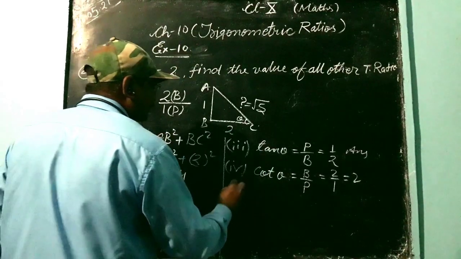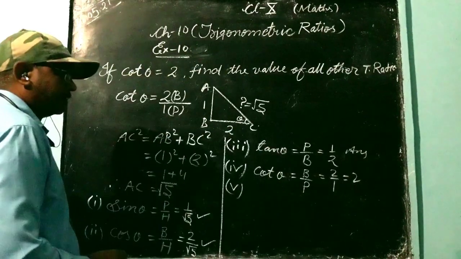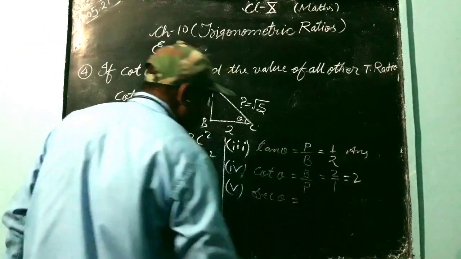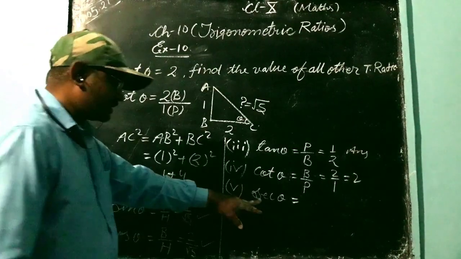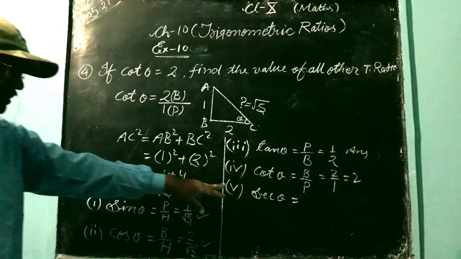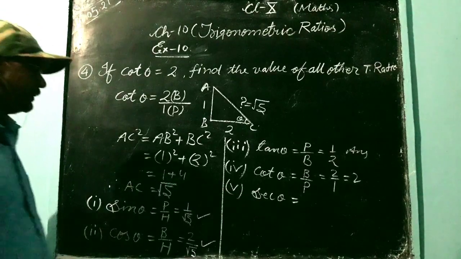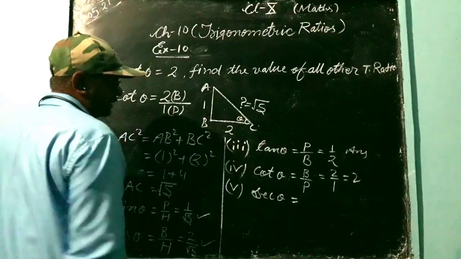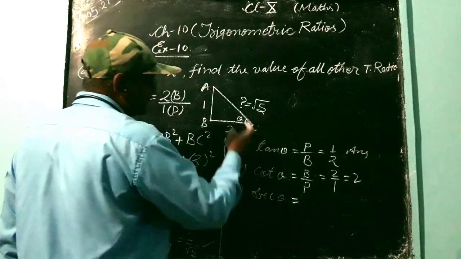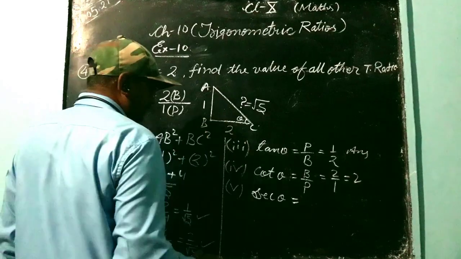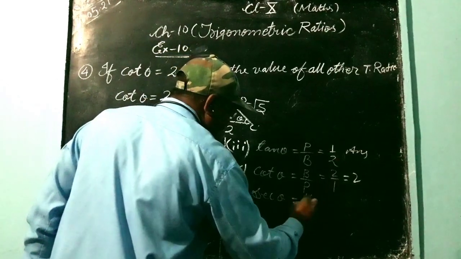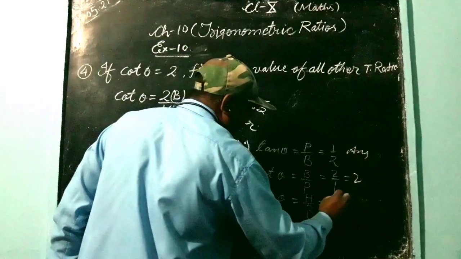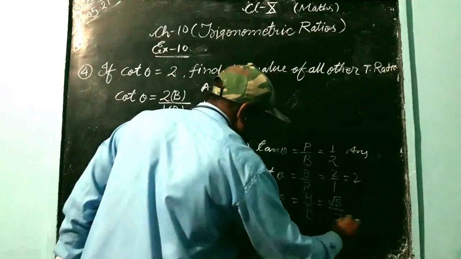Now the fifth part will be sec theta. Sec theta is the opposite of cos theta. Clear? Cos is base upon hypotenuse, so sec will be hypotenuse upon base, H upon B. The hypotenuse is under root 5, so it is under root 5 upon 2.